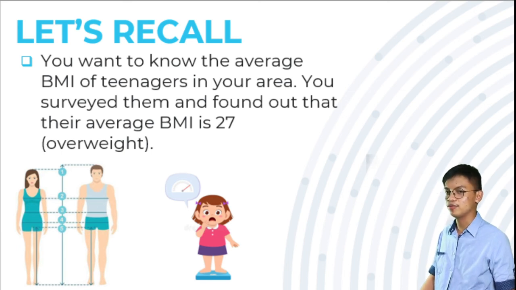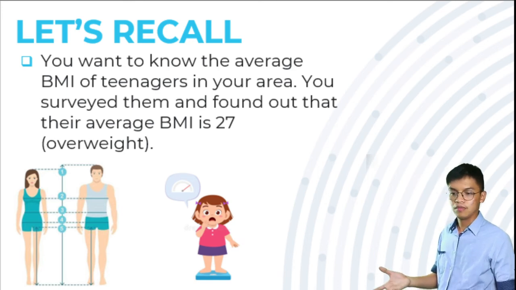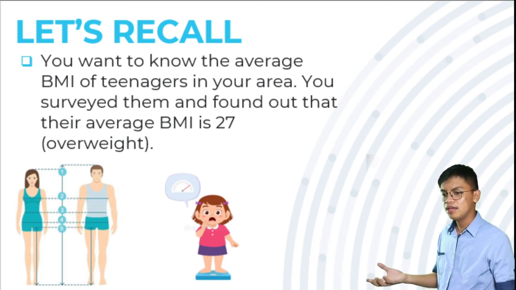Let's say, for example, Ujawan. And she found out that the average body mass index, or BMI, of teenagers is 27, which means they are overweight. So she said that, oh, the BMI of students, the average BMI of teenagers here in Ujawan is 27, meaning most of them are overweight.